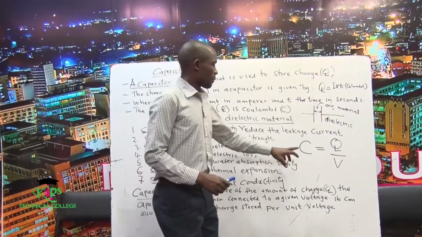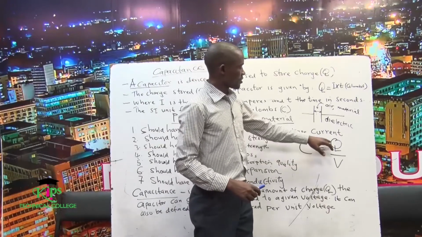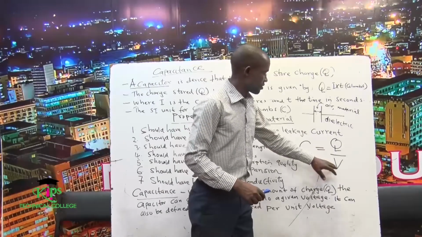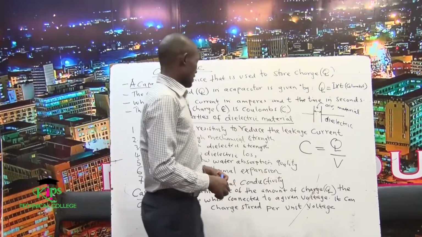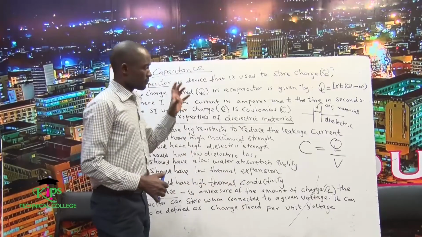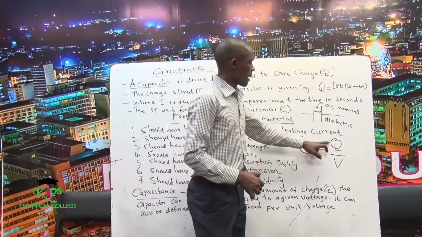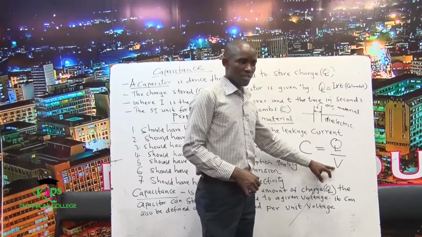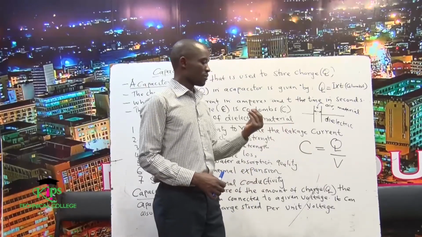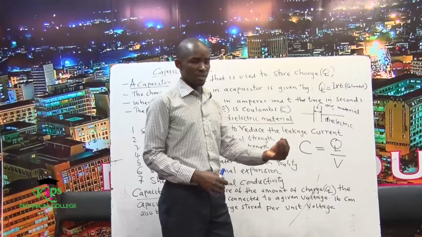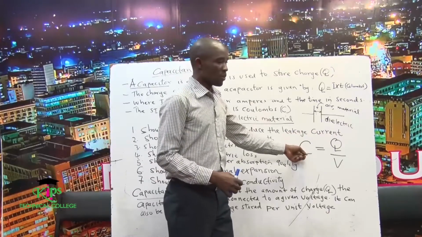So meaning capacitance is directly proportional to charge but inversely proportional to voltage. So we have said capacitance is the charge stored per unit voltage. So how much charge will be stored when you are having 1 volt? That is basically what capacitance is.